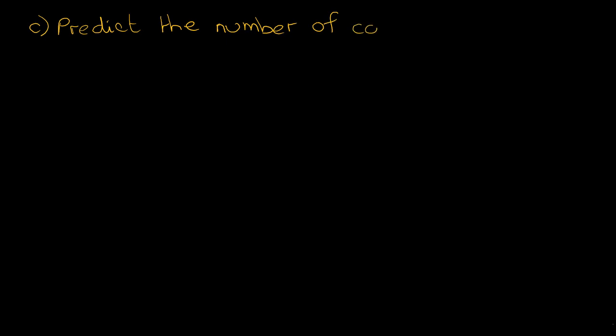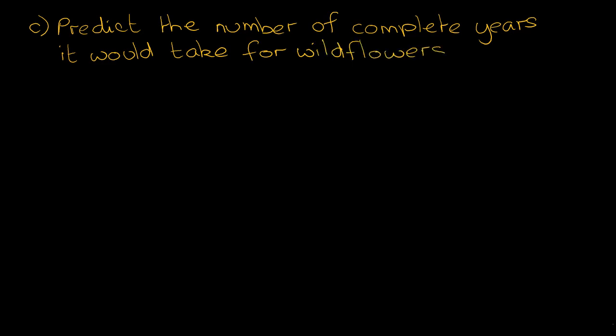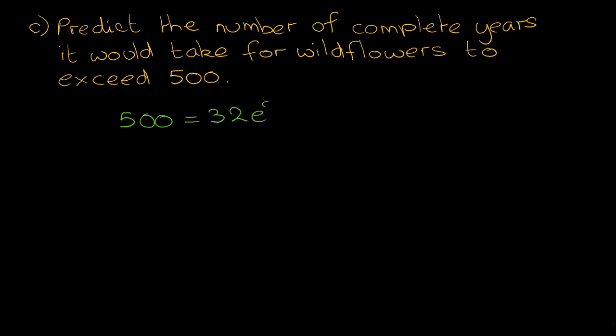C. Predict the number of complete years it would take for wildflower plants to exceed 500. So that means W we're going to say is 500, and that's going to equal 32e^(0.4t). So if we rearrange that, we get e^(0.4t) equals 500 over 32. Now let's take logs of both sides.